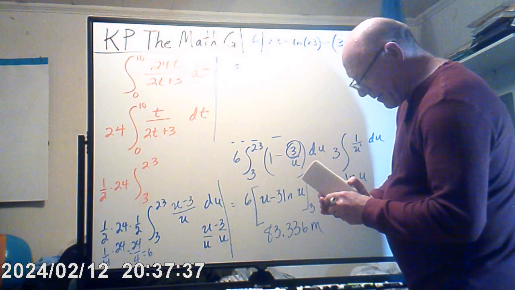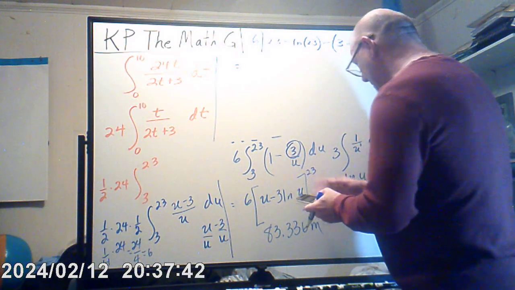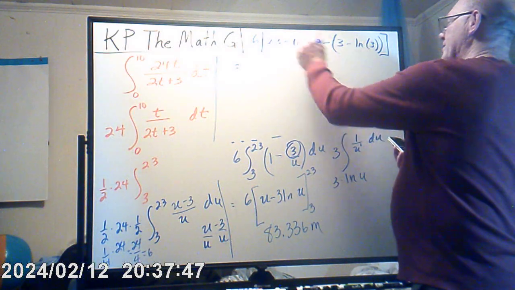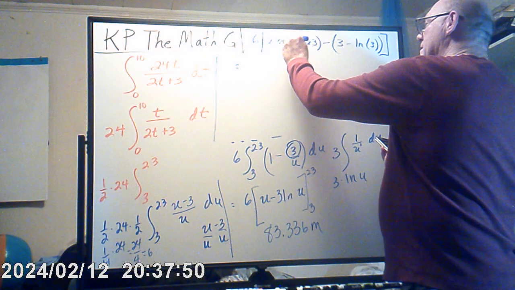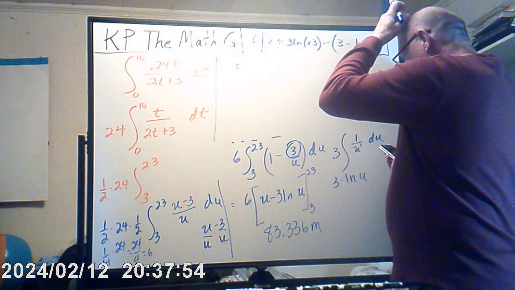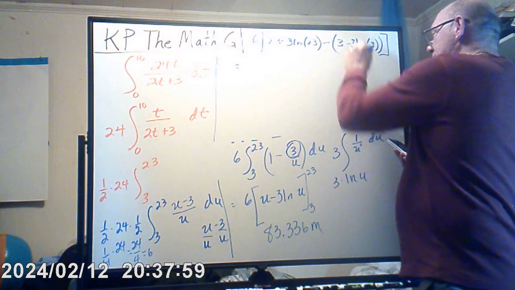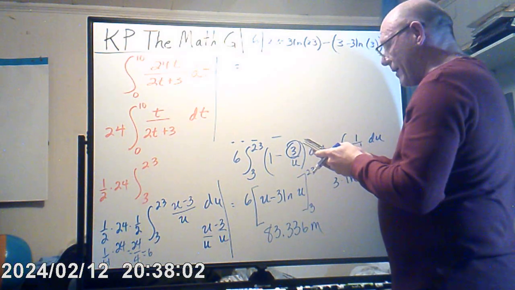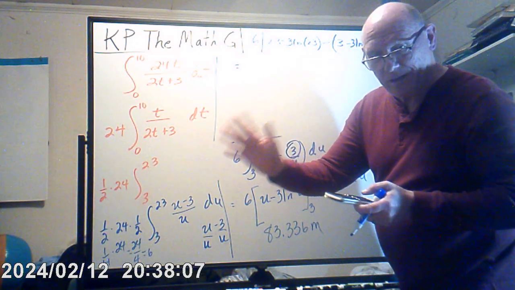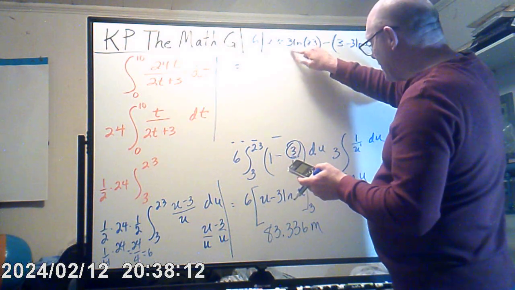Okay, we'll try it again. I think we'll get it this time. Minus 3 here, and then 3 here. One more time, and if I don't get it this time, I will do another video and straighten this out. That 3 should have been in front of here.